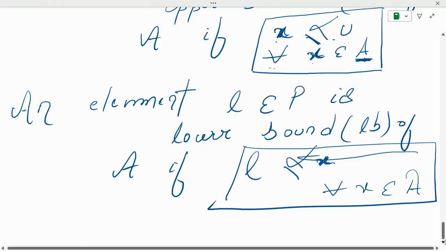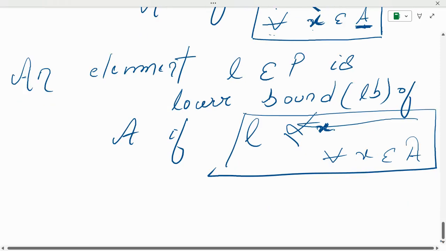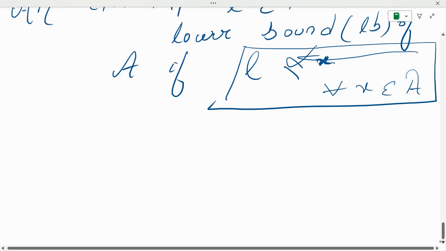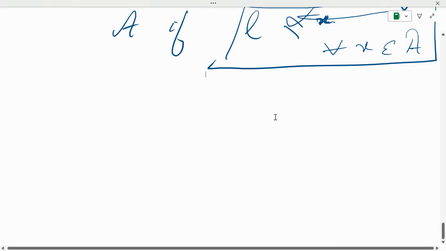This is all. Next, we will be seeing some examples based on that. So let's see some examples.